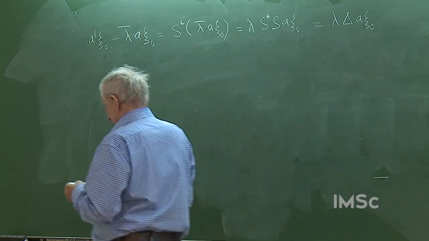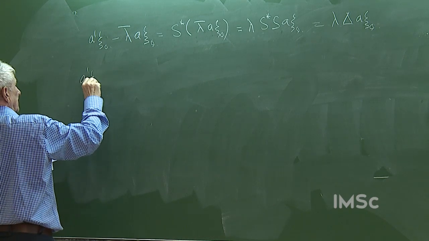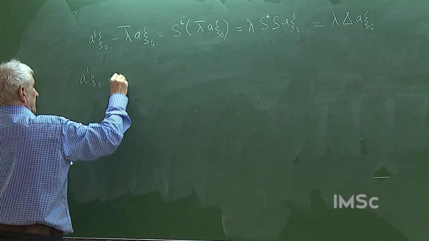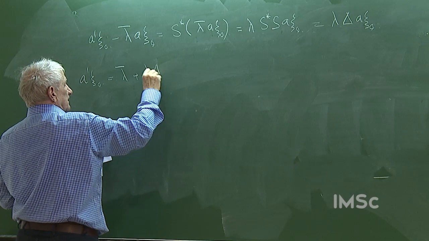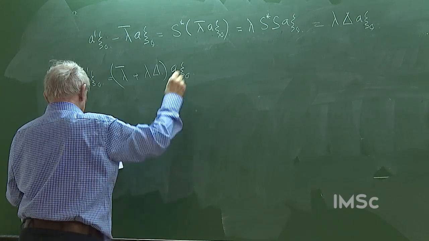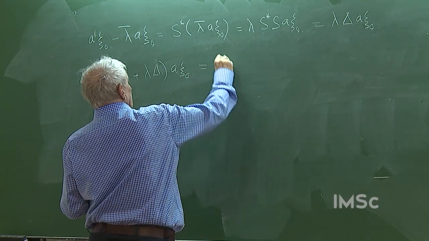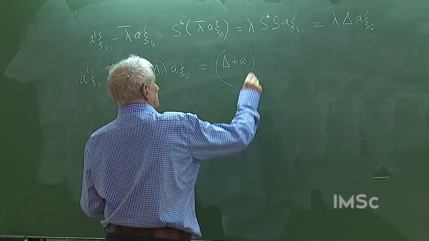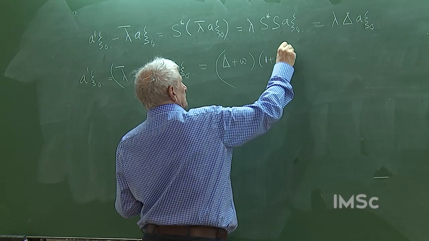Fine. This means the following: A prime psi naught is equal to lambda bar plus lambda delta A psi naught, and this is equal to delta plus omega times 1 plus omega to the minus 1.